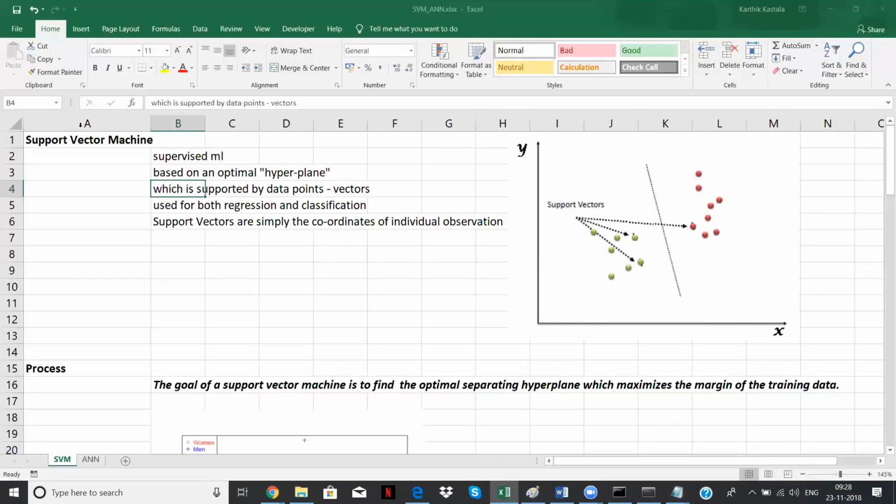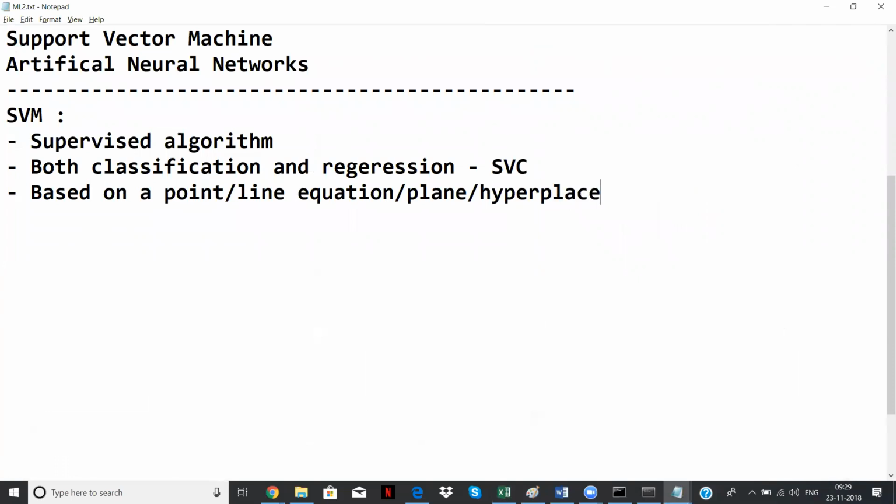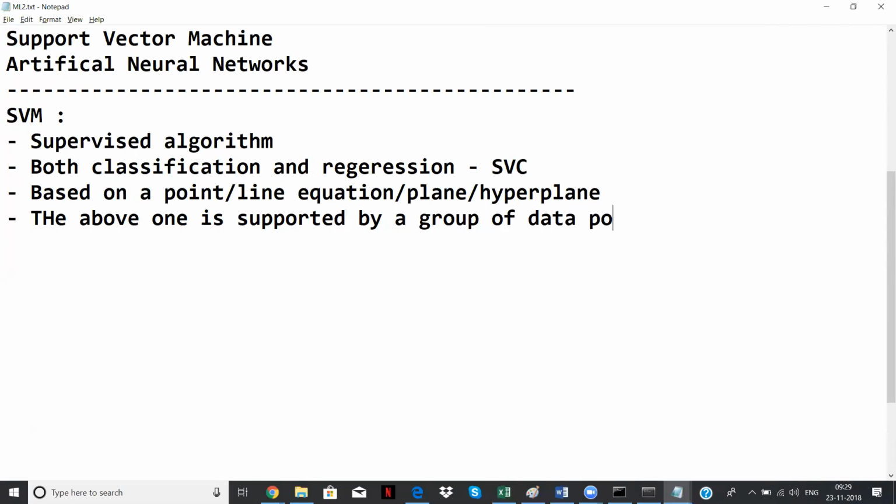Now, this support vector machine is based on a point or a line equation or a plane or a hyperplane, which is supported by a group of data points or classes, and this group is known as vectors.